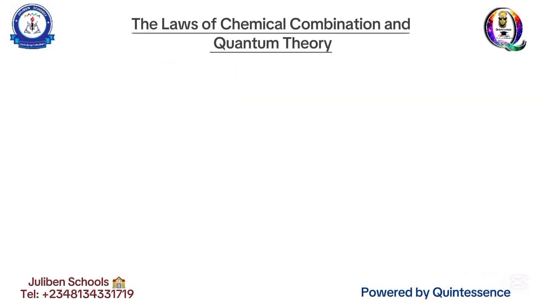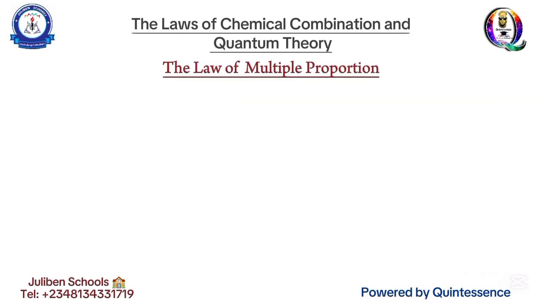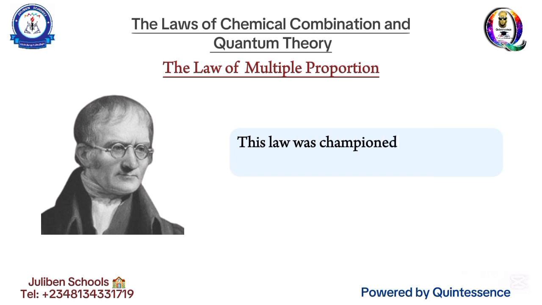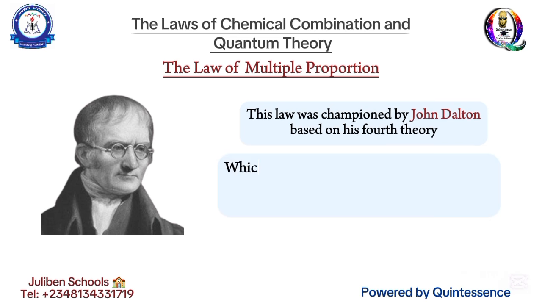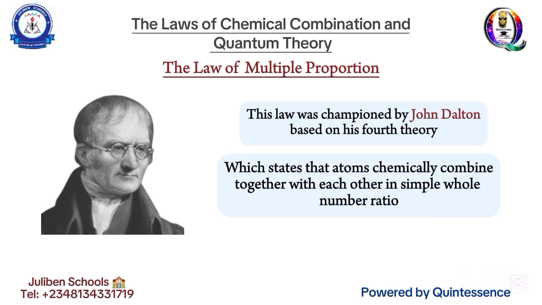So that takes us to the next law, which is the law of multiple proportion, championed by John Dalton himself, based on his fourth theory, which states that atoms chemically combine together with each other in simple whole number ratios. That is the bedrock of this law.